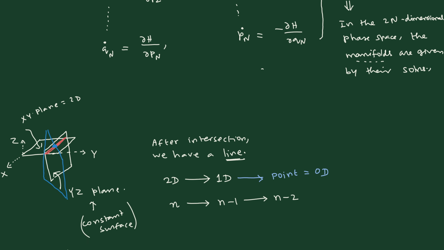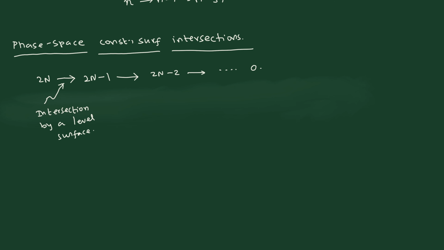If you do that, the resultant object will have only 2n minus 1 dimensionality. So the number of dimensions will reduce. And if you discover another level surface and make a similar intersection, the number of dimensions reduces again, and keeps on reducing like this. This is what is happening mathematically or geometrically.